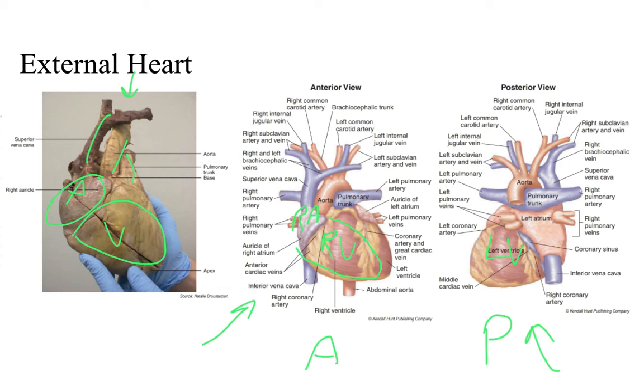And if you already know that the pulmonary trunk is where blood gets pumped out from the right ventricle, and the aorta is where the blood gets pumped from the left ventricle, you've already got yourself a good start. So just start reminding yourself about what these structures are, and you will definitely be finding them in lab and be responsible for identifying them in the laboratory as well.